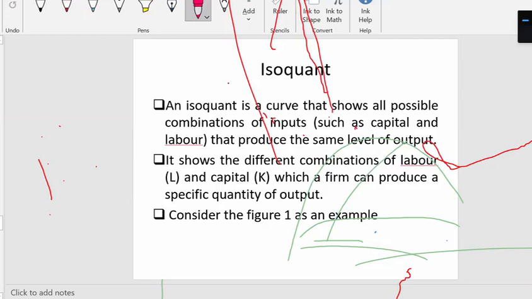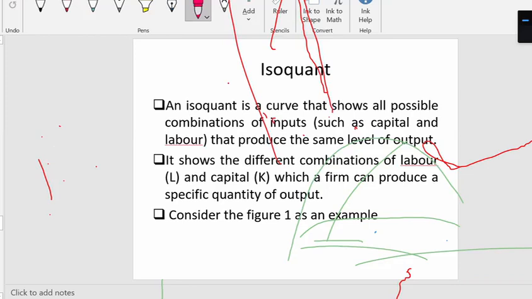Kwa mfano unapochora ile michoro, hii ni curve ambayo it shows all possible combinations of inputs, those factors of production. For example, if you use labor and capital, this curve shows the combinations of factor inputs that are used to produce output at the same level.